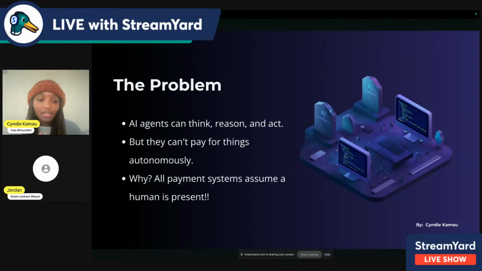So this was the big problem. We have very complex, very intelligent AI agents coming up that can adjust and absorb a lot of information in milliseconds, but the one thing they could not do is pay for things. That was the major blocker before the x402 protocol came up.